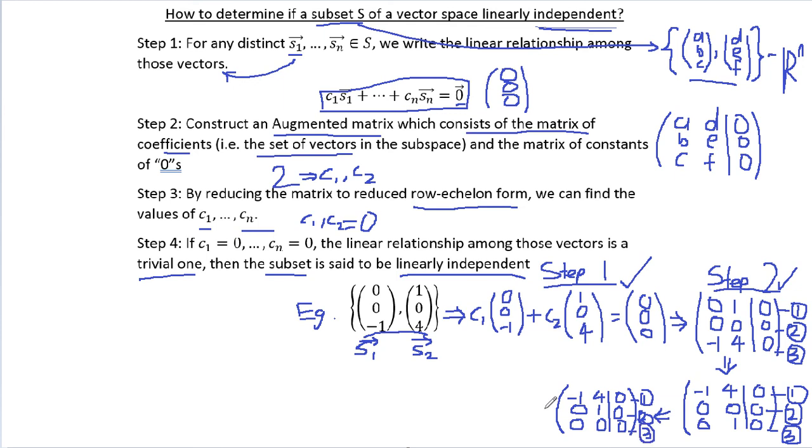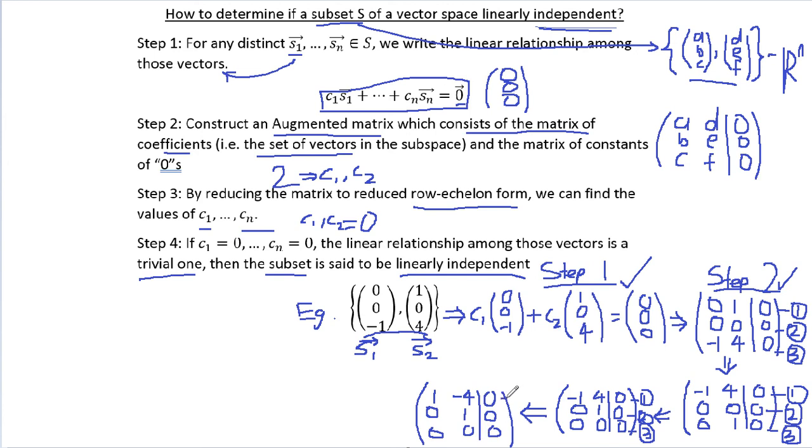So our new row 1 will be: minus 1 times minus 1 is 1, minus 1 times 4 equals minus 4, minus 1 times 0 equals 0. The second row will remain because its leading entry is already 1: 0, 1, 0. The last row is 0, 0, 0. So now it's already in row echelon form.